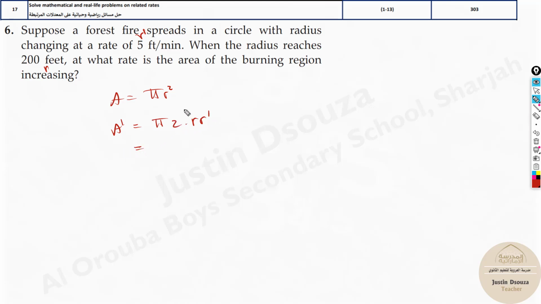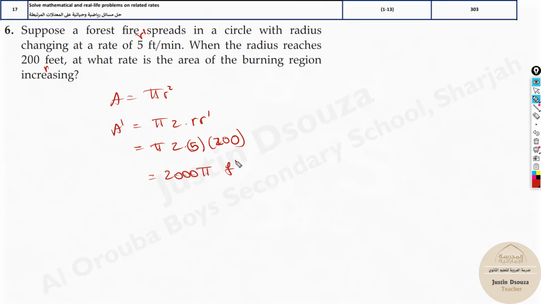Now substitute all that you know. Pi times 2 times what is r? R dash is 5, and r is 200. Multiply this. 5 times 2 is 10, 10 times 200 it'll be 2000 pi.